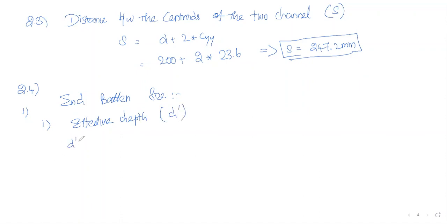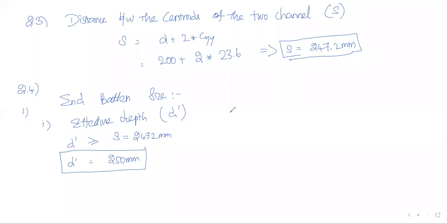D dash should be greater than or equal to S. This is the condition. S value we know is 247.2 mm, so D dash we can provide 250 mm.